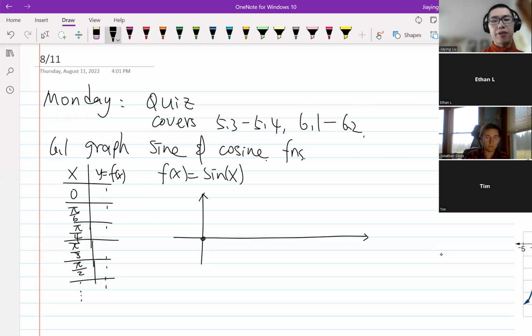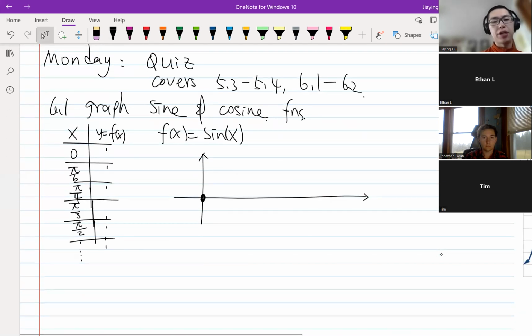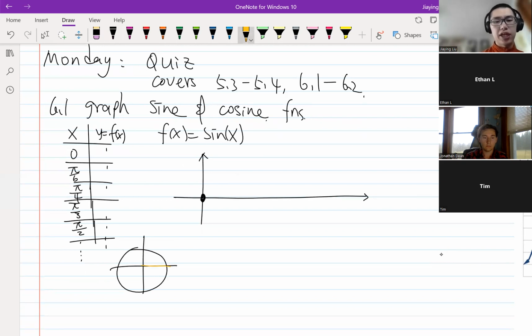And we know that for the sine function, when the angle equals 0, sine of 0 is equal to 0. Another way to think about it is if you have a unit circle, we're starting with the angle 0 here. Well, if we're starting with the angle 0, the y coordinate is going to be 0. It doesn't go anywhere above the x-axis. As the angle increases, the y coordinate is going to increase.